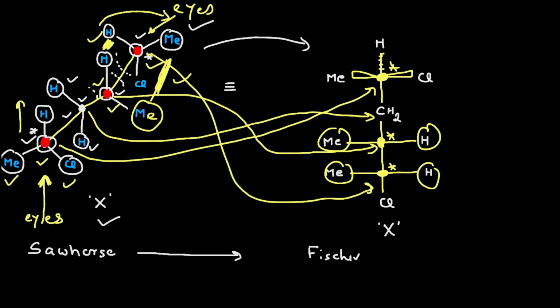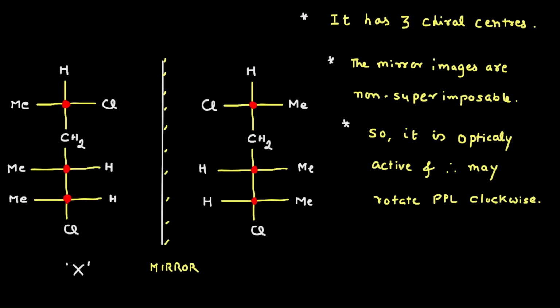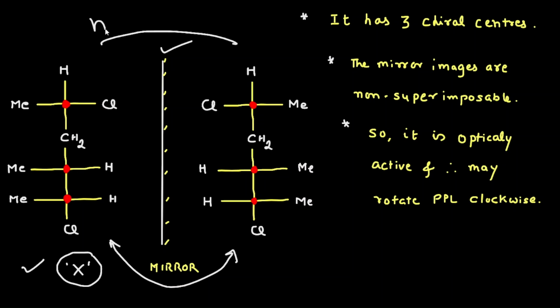Now if you try to see this Fisher's projection formula, I have taken a new slide. In this new slide, I have taken the compound X, and the projection I have given is the Fisher's projection. And if you take a mirror image of this compound X by putting a mirror, I have drawn the mirror image also, and if you compare these two, you will immediately find that these two are non-superimposable mirror images.